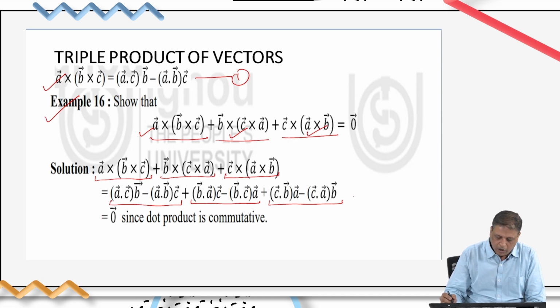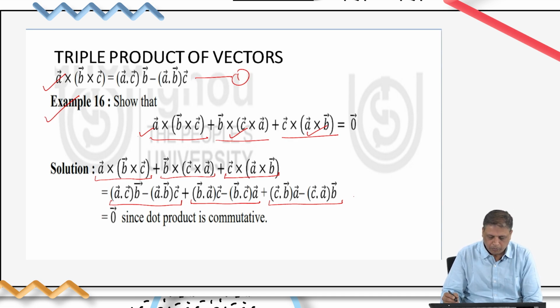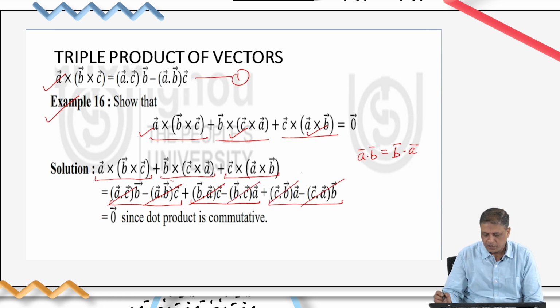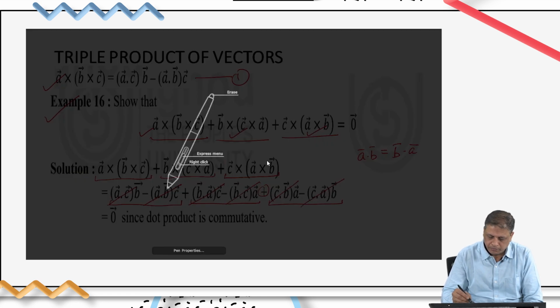Now, we know that the dot products are commutative, that is A dot B is equal to B dot A, as a result of which the A dot C expression cancels with the C dot A expression, and the B dot C expression cancels with the C dot B expression, because the signs are always opposite.